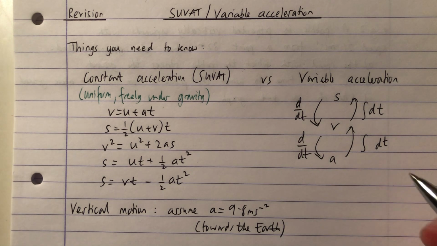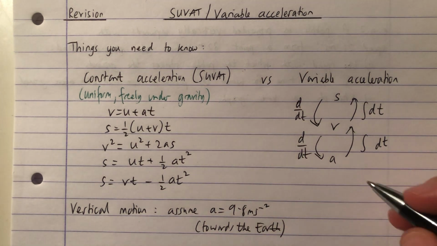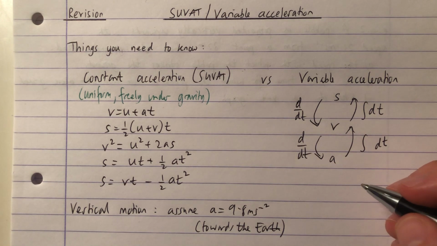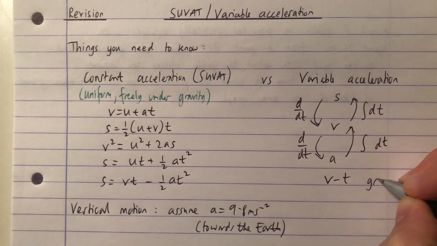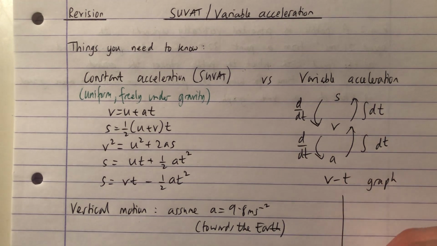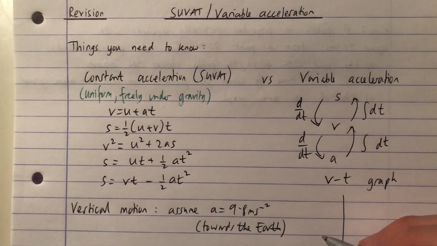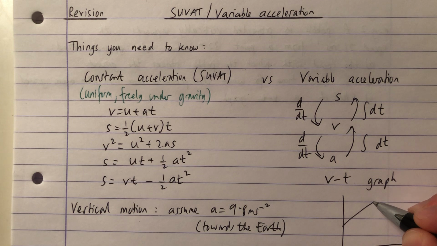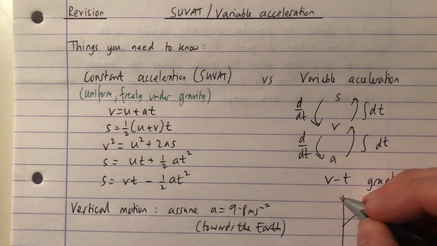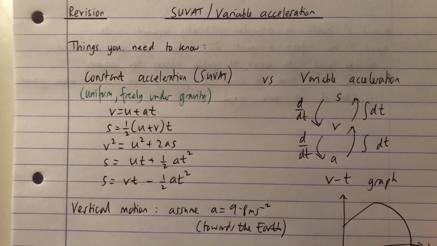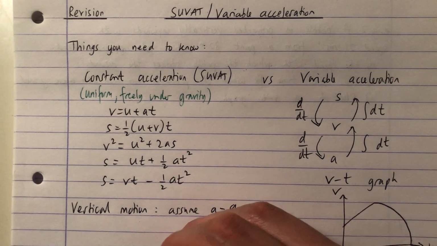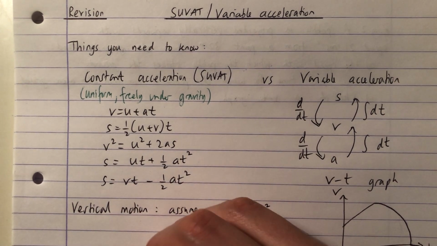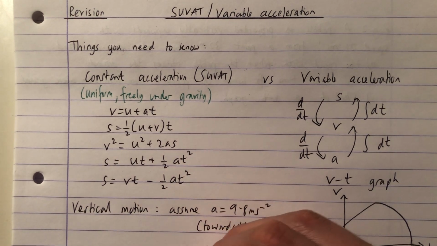And maybe the other thing that works for both of these is the properties of a velocity time graph. So for a VT graph, just say we'll do a straight part and a curved part. Gradient is equal to acceleration.